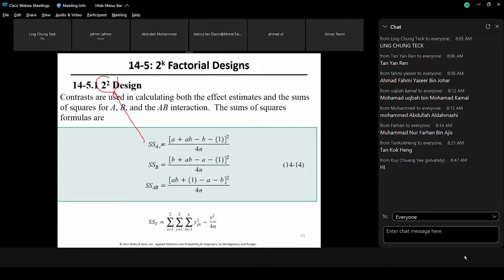Sum of square A is contrast squared divided by n2^k. Remember n2^k? 2 power 2 is 4, right? Sum of square B is contrast squared multiplied by n2^k.